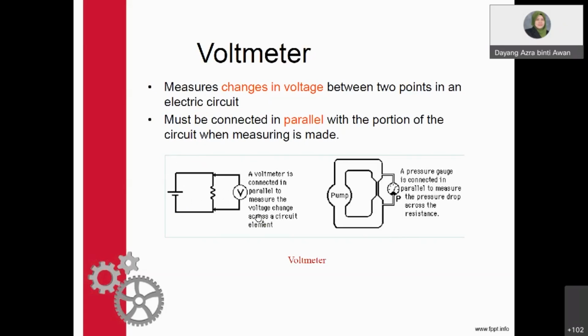So it must be parallel. If you break the wire and put the meter in series in your circuit, it's wrong, it's not the same. For example, if we have A1 here and A2 here and you want to measure between A1 and A2, you need to have a parallel connection. You cannot just simply put your connector in the middle of the circuit.